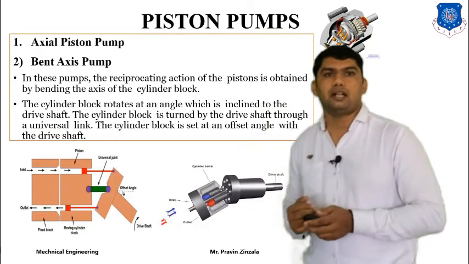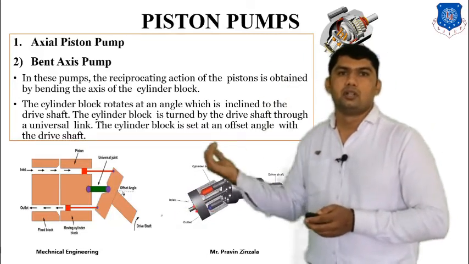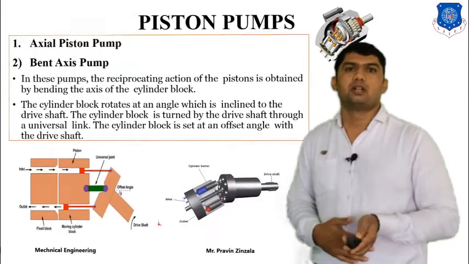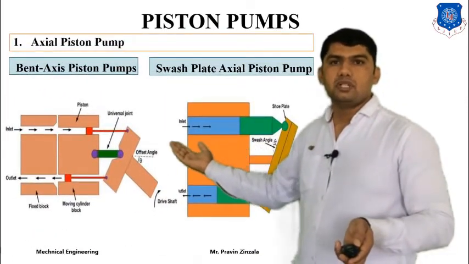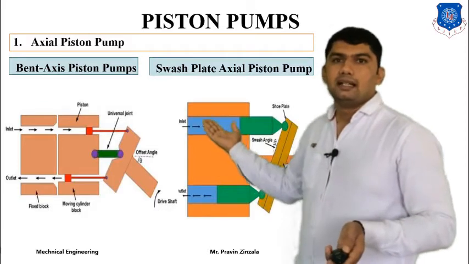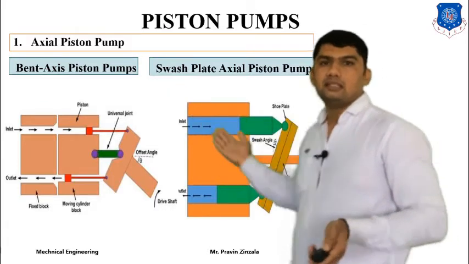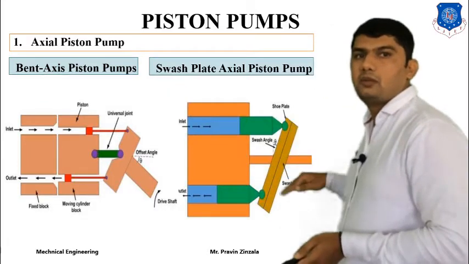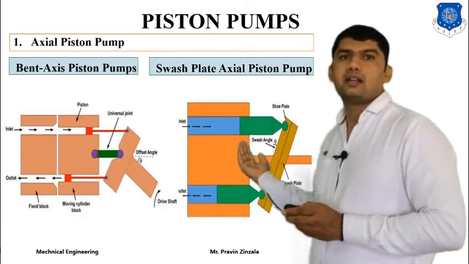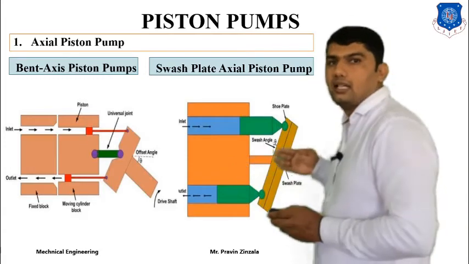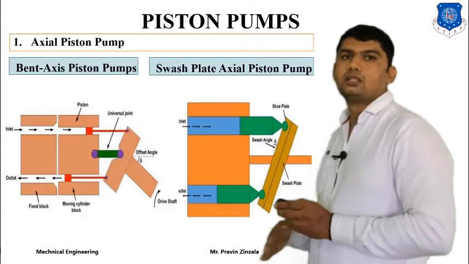And this is the practical diagram of a bent axis type piston pump. Here is the difference between the swash plate and bent axis piston pumps. In the swash plate, this is the shaft rotated by the electric motor, and this is the cylinder barrel, which also rotates. And this is the inclined swash plate.